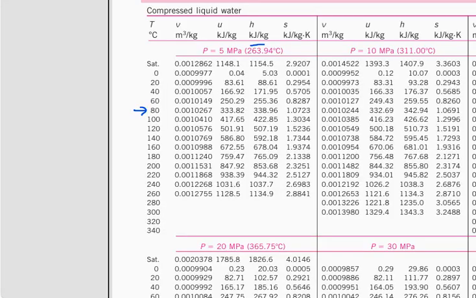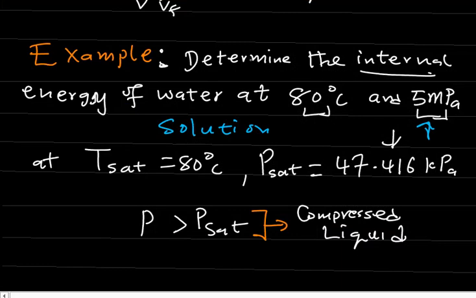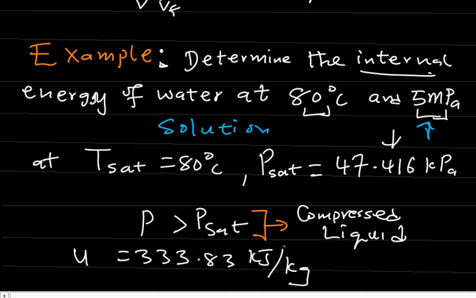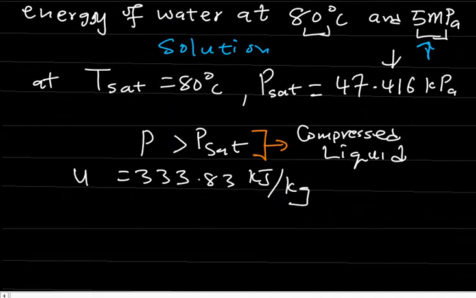The internal energy we have is 333.83 kilojoule per kg. Please take note of that.